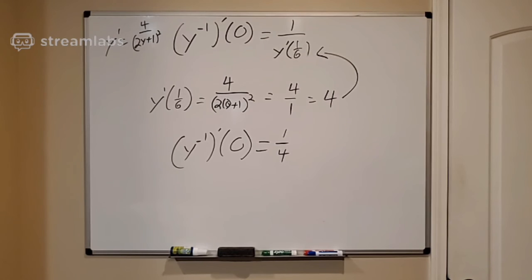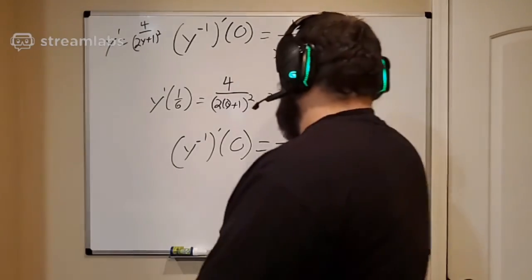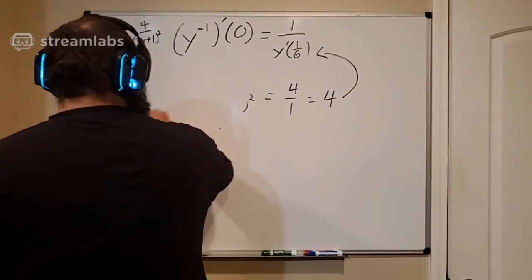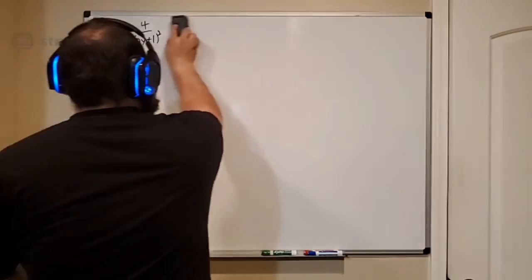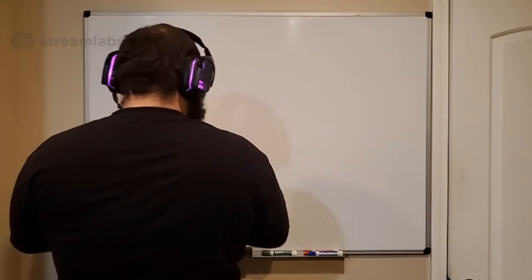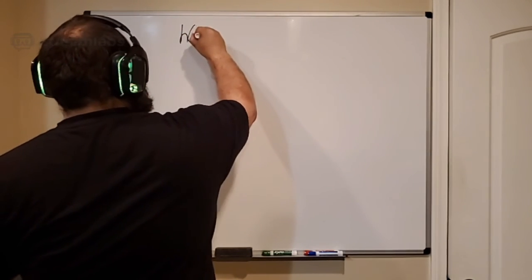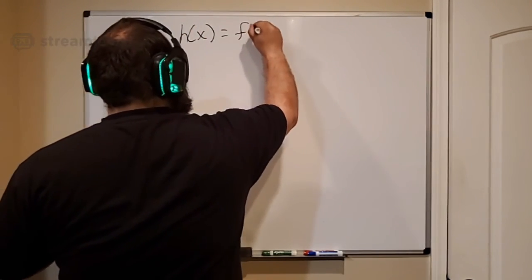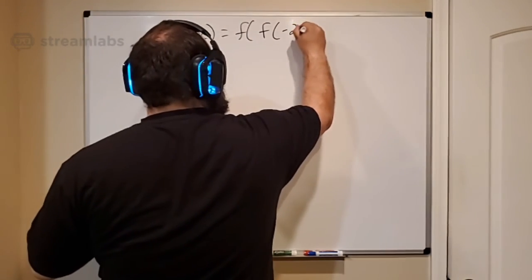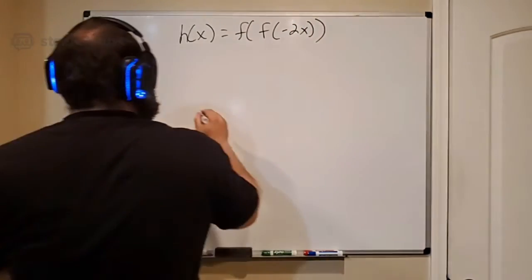Can you go over that one? Yeah, I can. So f of negative 2x. If we want h prime, we have to do multiple chain rules here.